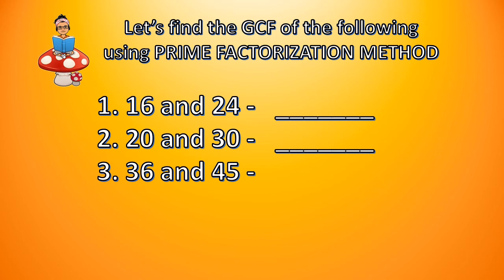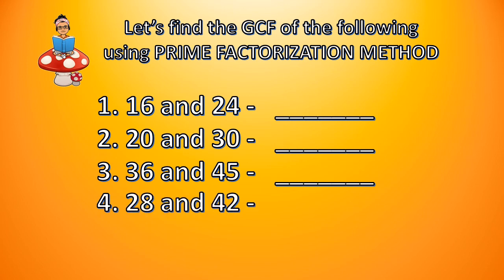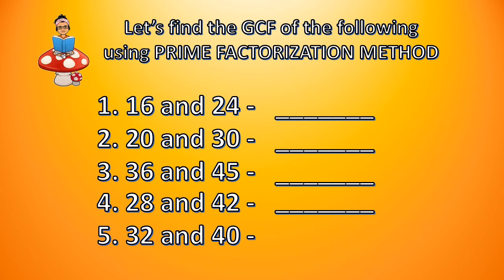Number 3, it's 36 and 45. Number 4, 28 and 42. And for number 5, 32 and 40. So just pause this video lesson until you're done from numbers 1 to 5. And then just play this again so we could check. Okay?